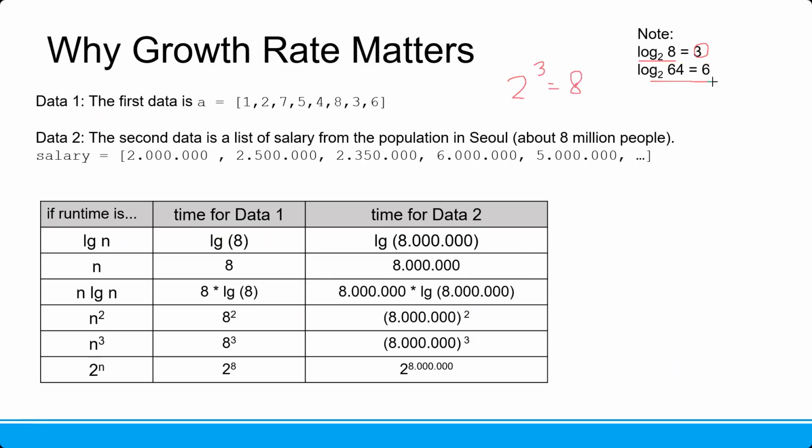This is also the same: 2 to the power of 6 equals 64. So we want to get this exponent number.